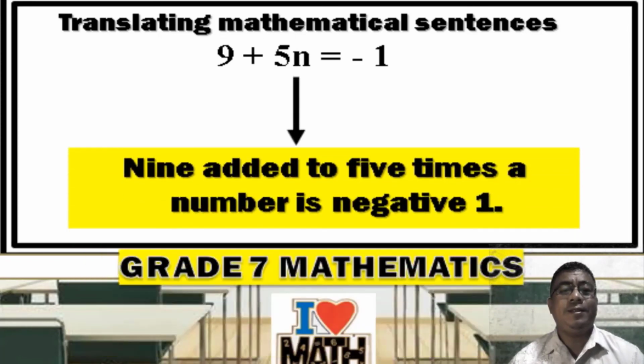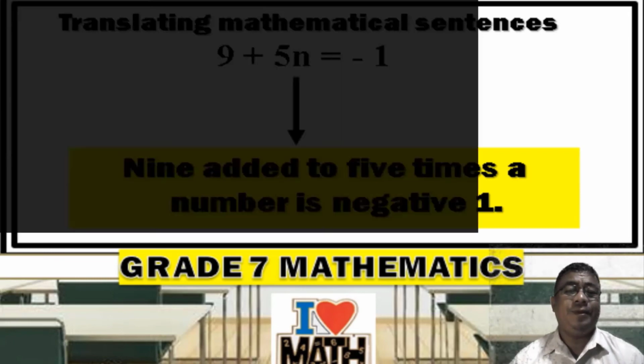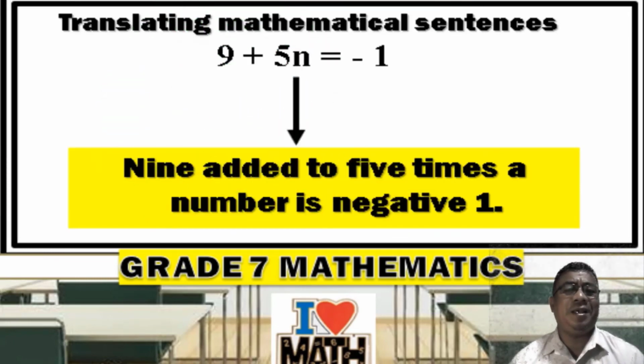Okay, so 9 added to 5 times a number is negative 1. Or shall we say 9 more than 5 times a number is negative 1. So any of the two can do.